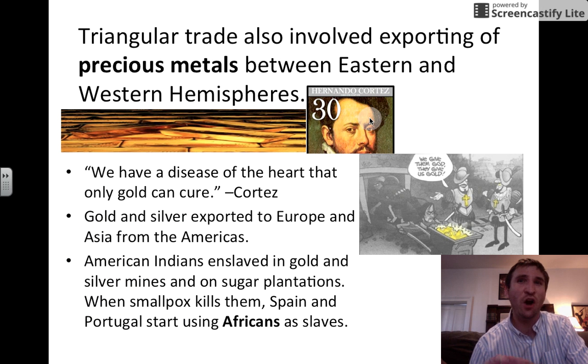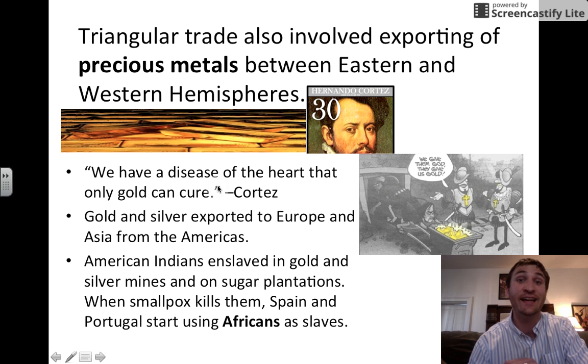The triangular trade also involved exporting precious metals between the Eastern and Western Hemispheres. Now, Hernando Cortez, one of the Spanish explorers, was an example of an explorer who wanted gold by any means necessary.